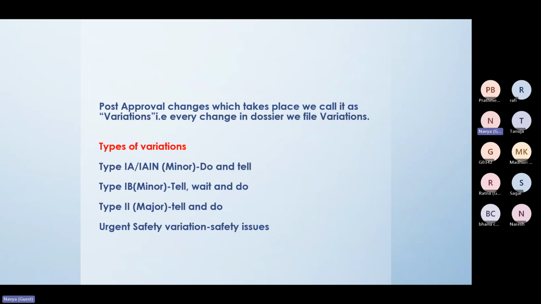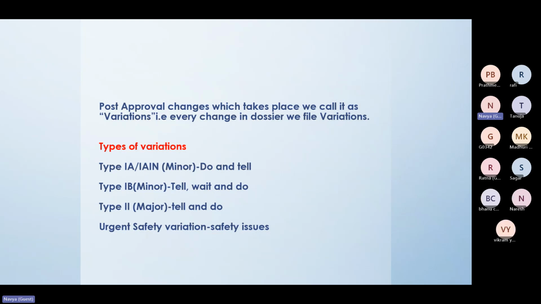The difference between type 1A and type 1A IN is that type 1A should be informed within 12 months once you implement the change, and type 1A IN is immediate notification, where you have to inform the authority within 15 days. This is a minor change which you perform at site and then inform the authority.